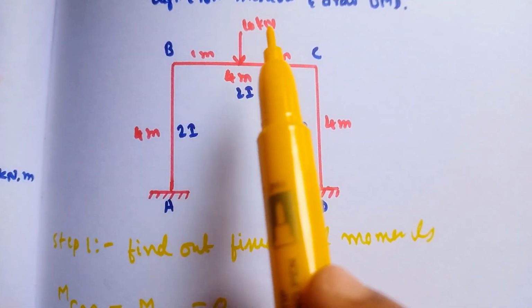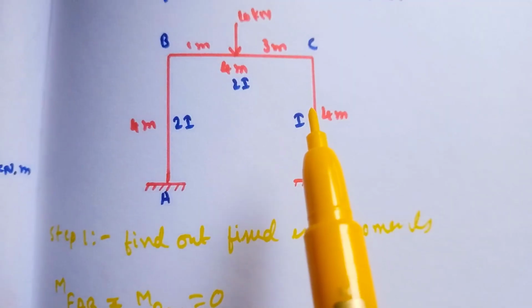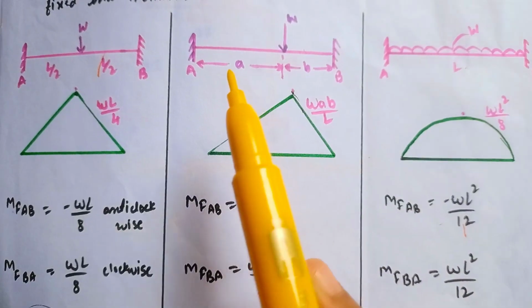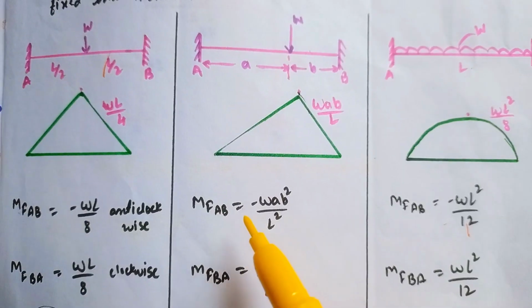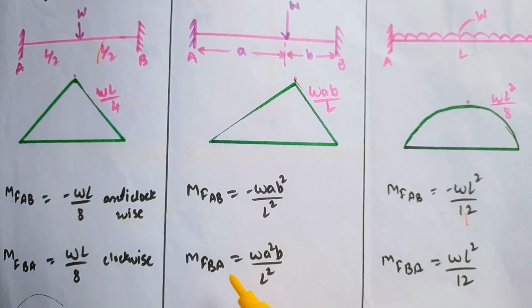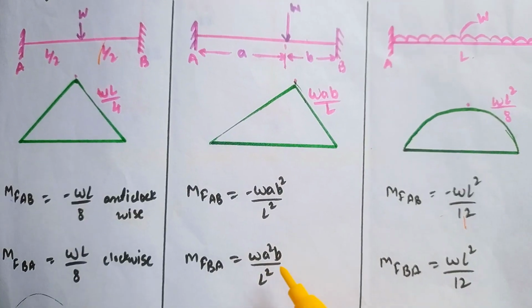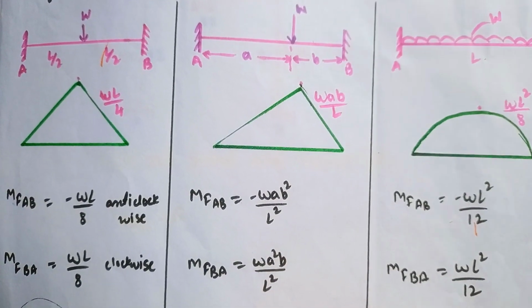Now for span BC, it is carrying a point load of 10 kilonewton which is not present at the center. For a load which is not at the center, we have the formula MF AB is equal to minus W A B square divided by L square, and MF BA is equal to W A square B divided by L square.